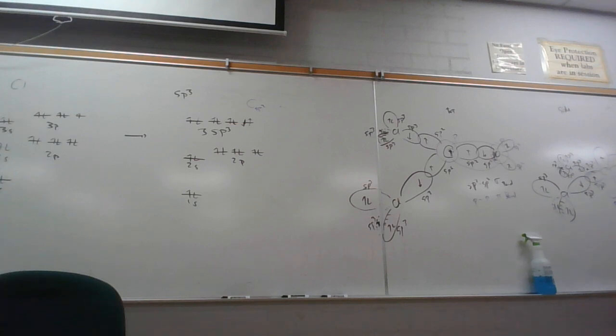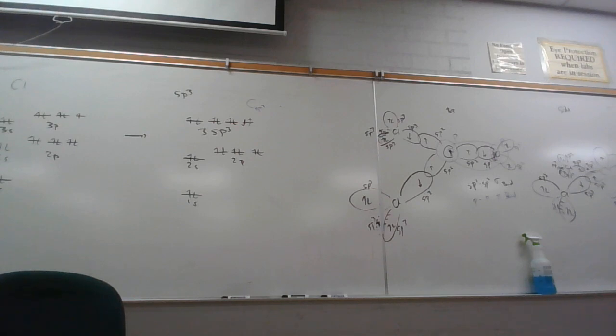Did I erase carbon? Yeah, I erased carbon. Let me rewrite that. Carbon is going to be sp2 hybridized, with unhybridized p and 1s here. So what we see from carbon's perspective is a chlorine sp3 is going to come in here and bond here.